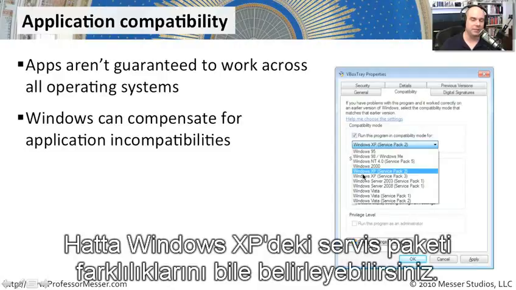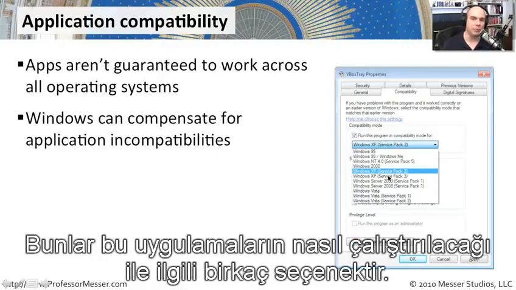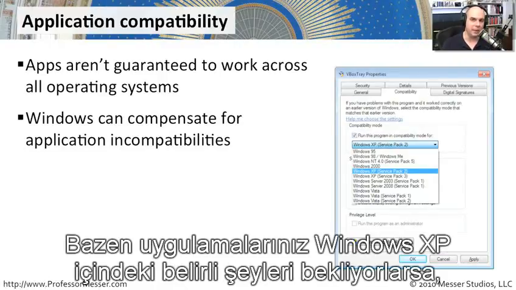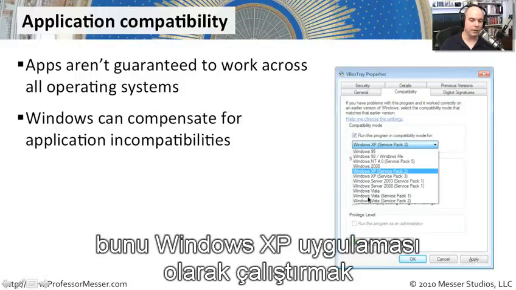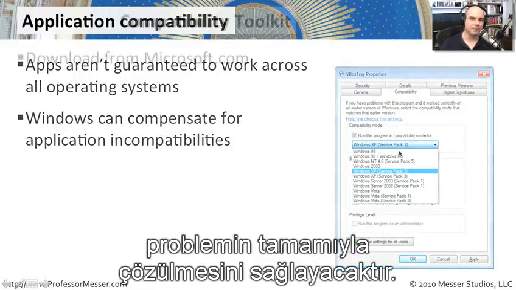You can even specify the differences in service packs with Windows XP. You've got a few options here on how you're running that particular application. And sometimes when the application is expecting a certain thing that's in Windows XP and it's not in Windows 7, simply configuring it to run as a Windows XP application resolves the problem completely.